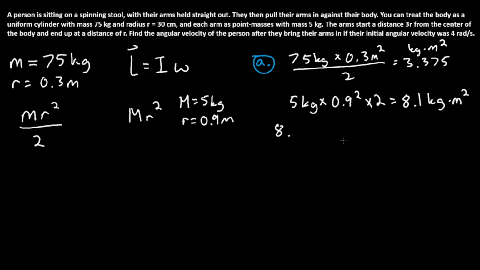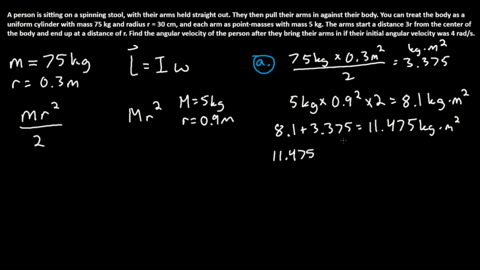So all we need to do is add these two together. So 8.1 plus 3.375 is equal to 11.475. So this is your initial moment of inertia before the person brings their arms in, and the initial angular velocity is 4 radians per second. So all we need to do is multiply moment of inertia times angular velocity.